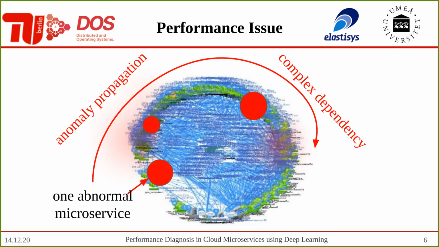So with only one abnormal microservice, we can get a large number of anomalies because of anomaly propagation. If we consider the underlying metrics, there will be many more anomalous metrics. So getting the root cause from this large number of anomalies is quite difficult and almost impossible for human debugging.